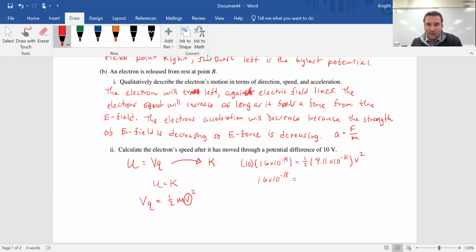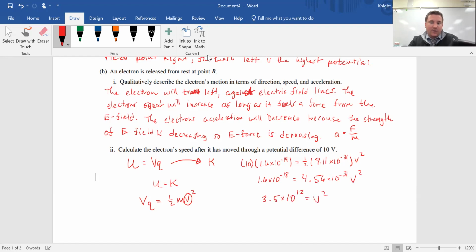Sorry, I'm just doing this all on a calculator, but I got 4.56 times 10 to the negative 31st here, v squared. I divided that over, I got 3.5 times 10 to the 12th equals v squared.